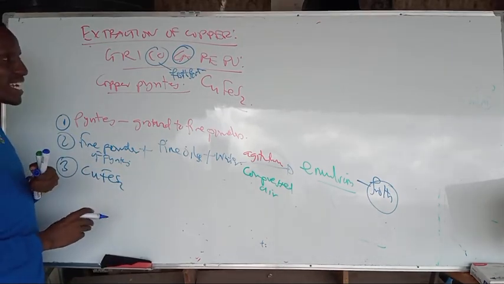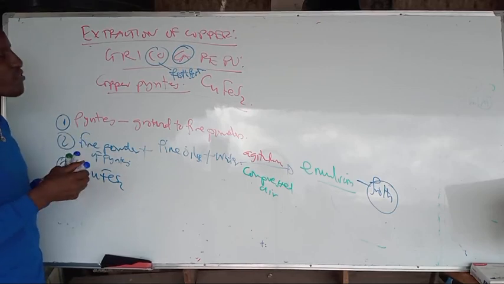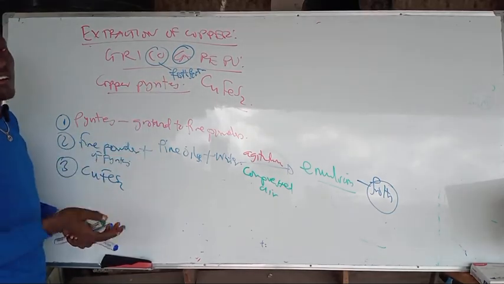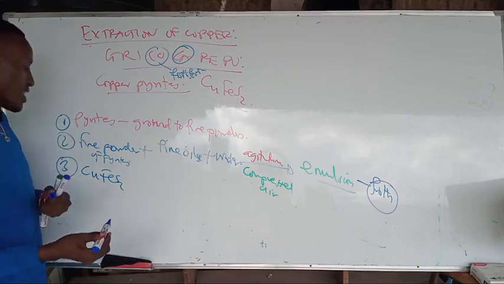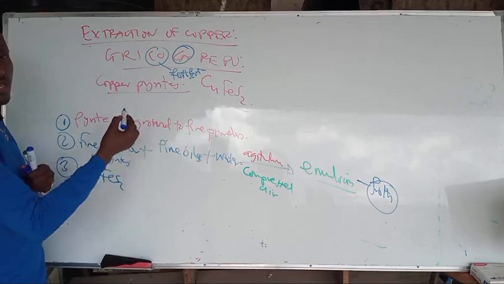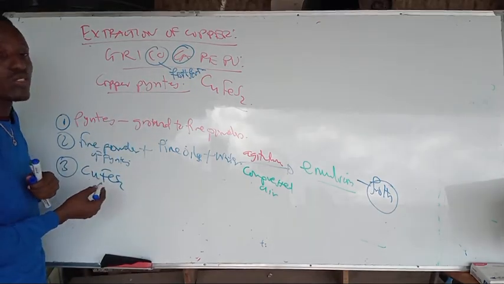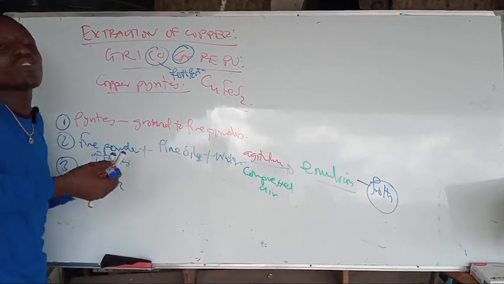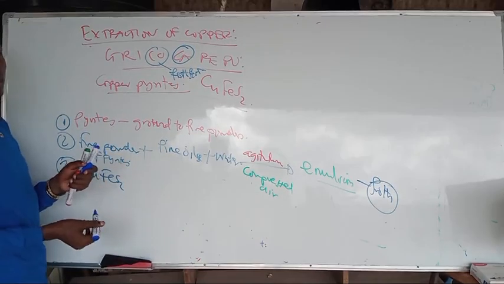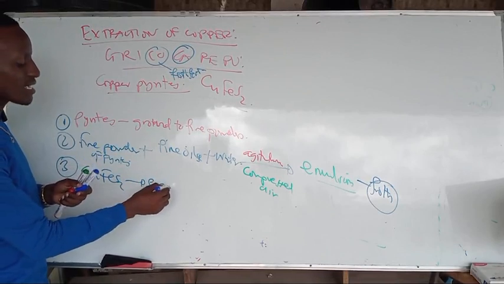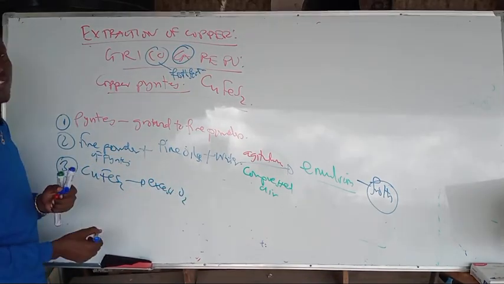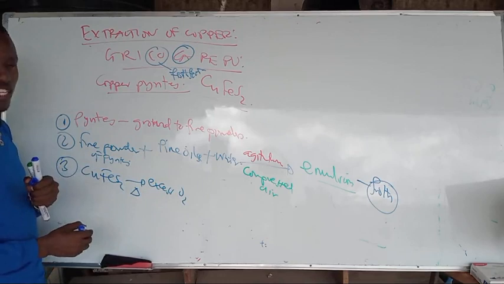The criteria for the froth flotation is that you must have the sulfur, and sulfur is an impurity. So we calcinate and we roast it because it's not an oxide, so it should be turned into oxide. It's burned in excess, not limited, oxygen.